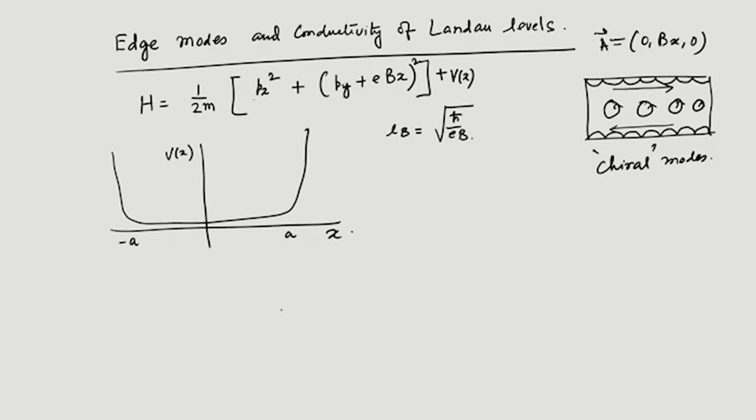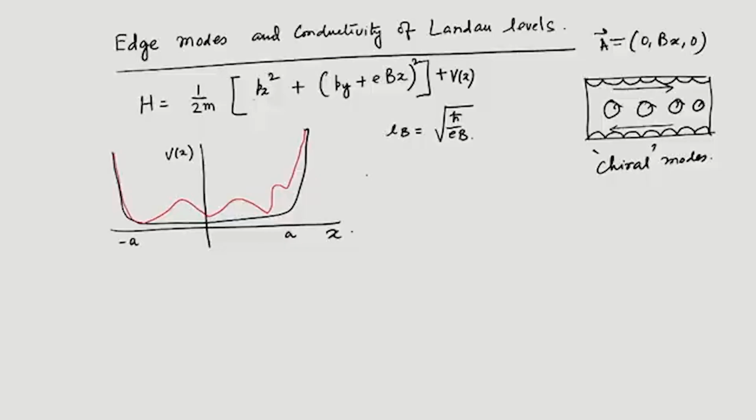Even if there is some disorder and impurity, where the potential can actually be like this in between, we really do not care about the nature of the potential. Now this potential is smoothly varying at all places excepting at the boundaries.